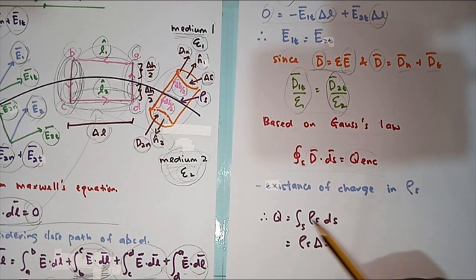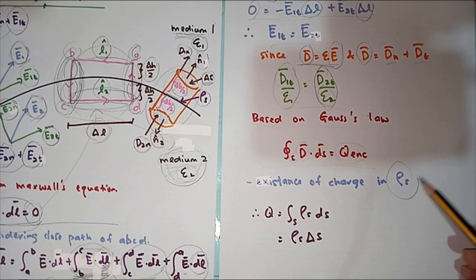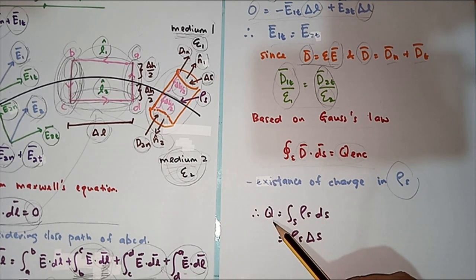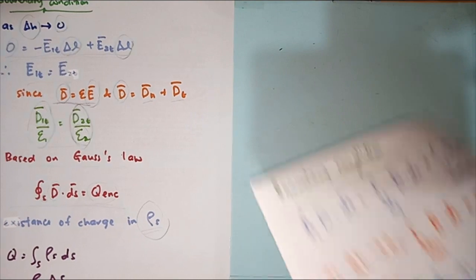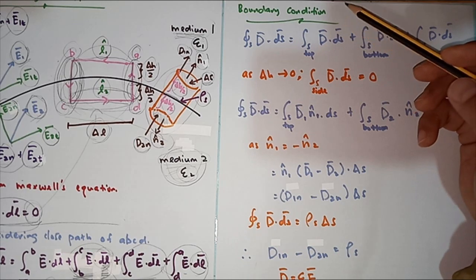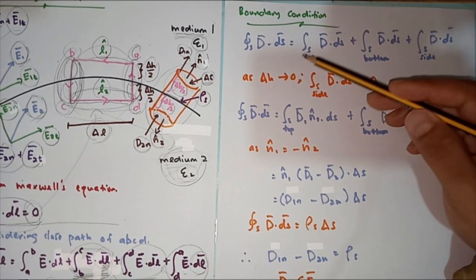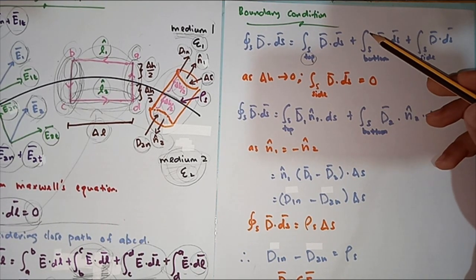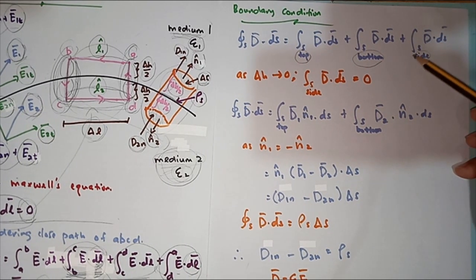First, because the charge exists with a surface charge density equal to rho s, we can represent the value of charge by considering the density value in this equation. And in order to solve the closed surface integration in Gauss law, we should find the surface integration of the top surface plus the surface integration of the bottom surface, as well as the side surface.